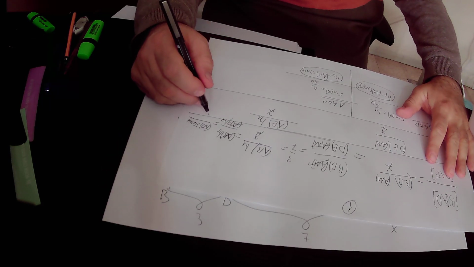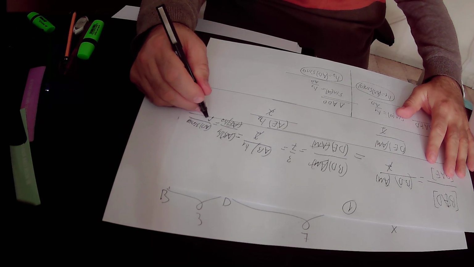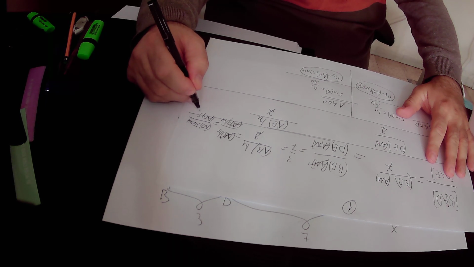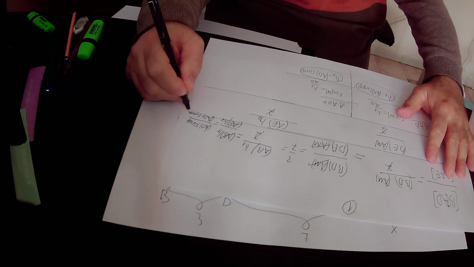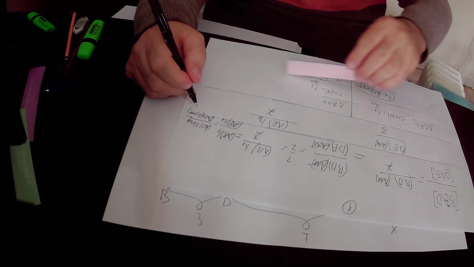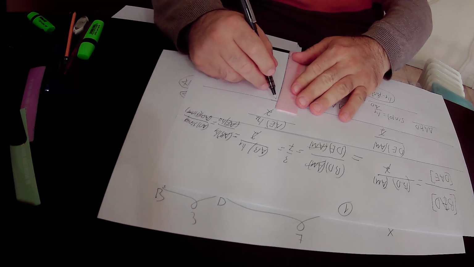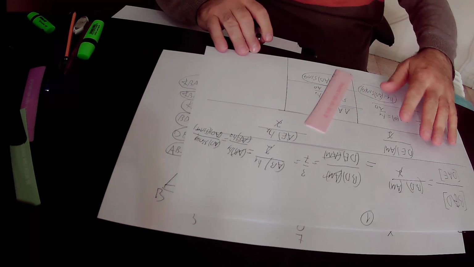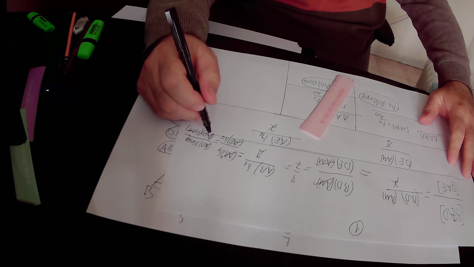So we can substitute H2 by AD times sine alpha. Here AD over AD is 1, so AD will get cancelled.